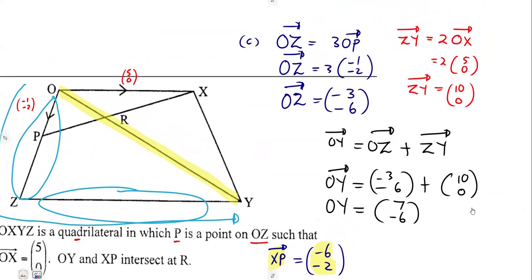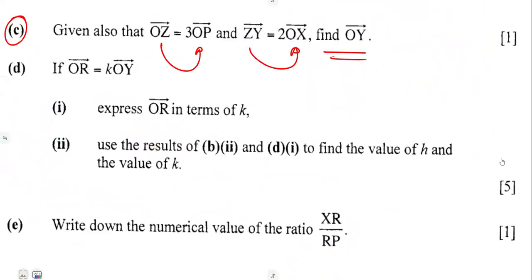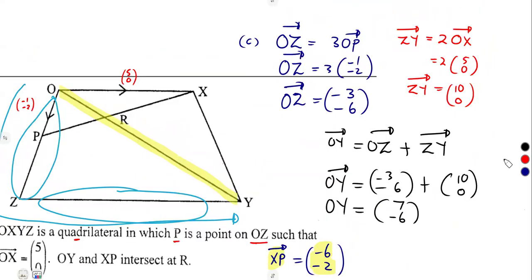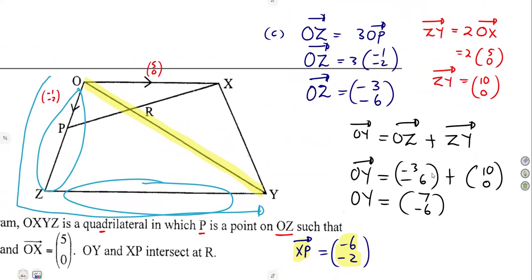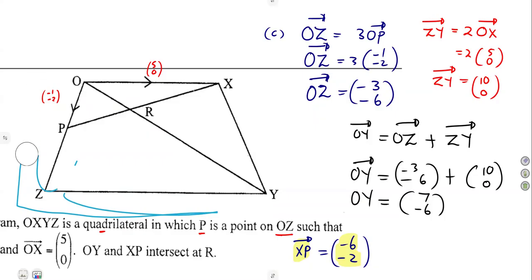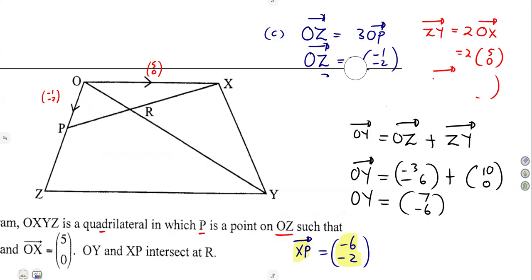All right, just like that, you are done. All right, so that's it. Only 1 mark. Okay, no problem. Then if OR is equal to this, let's just erase this part here so that you can properly see what we are being asked and what we are given. So do understand, guys, what you are dealing with.